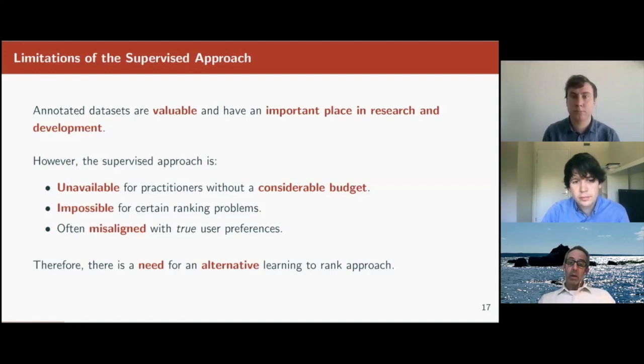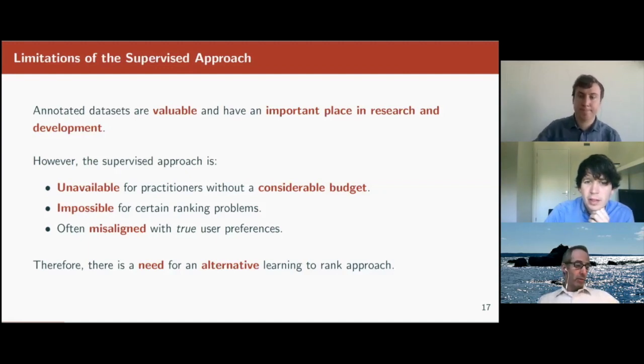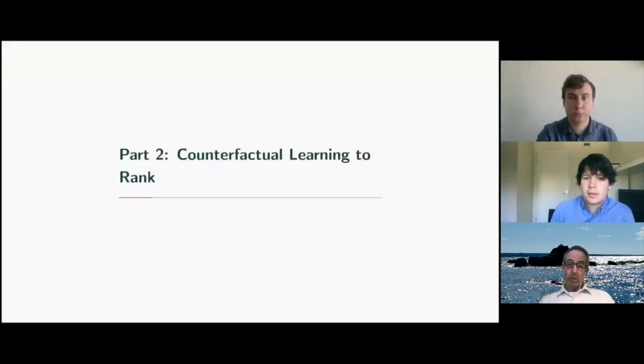So let's think about an alternative. Let's think about a way of informing learning to rank methods, not from annotated data sets. And for this, we're going to look at counterfactual learning to rank. So back to you, Harrie.